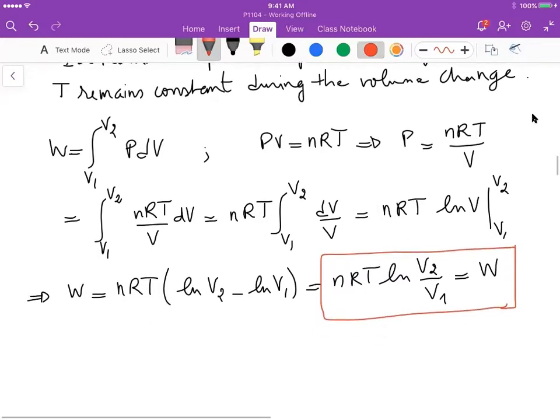Now, we can also write this as a function of the pressure.